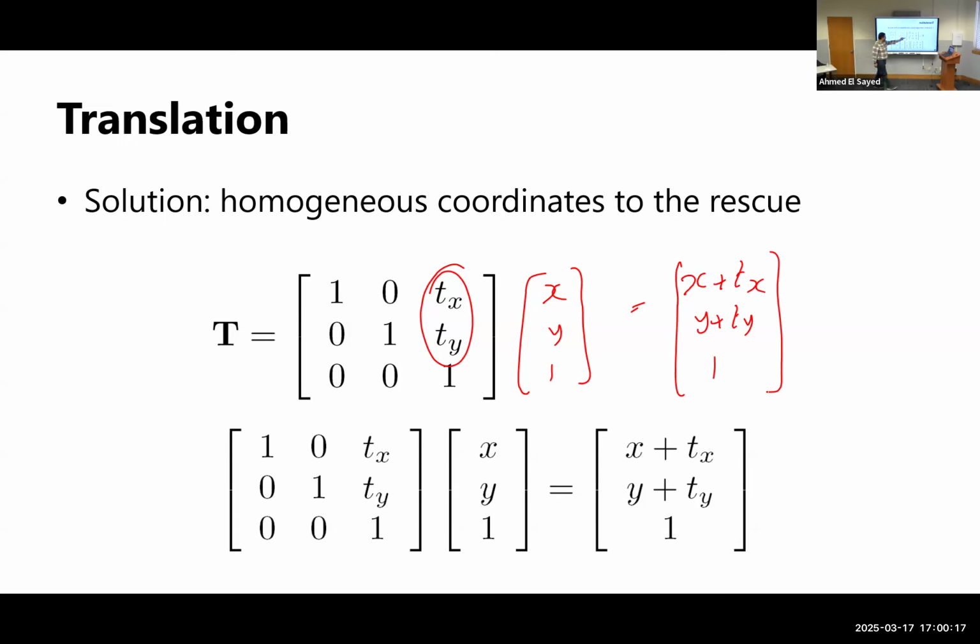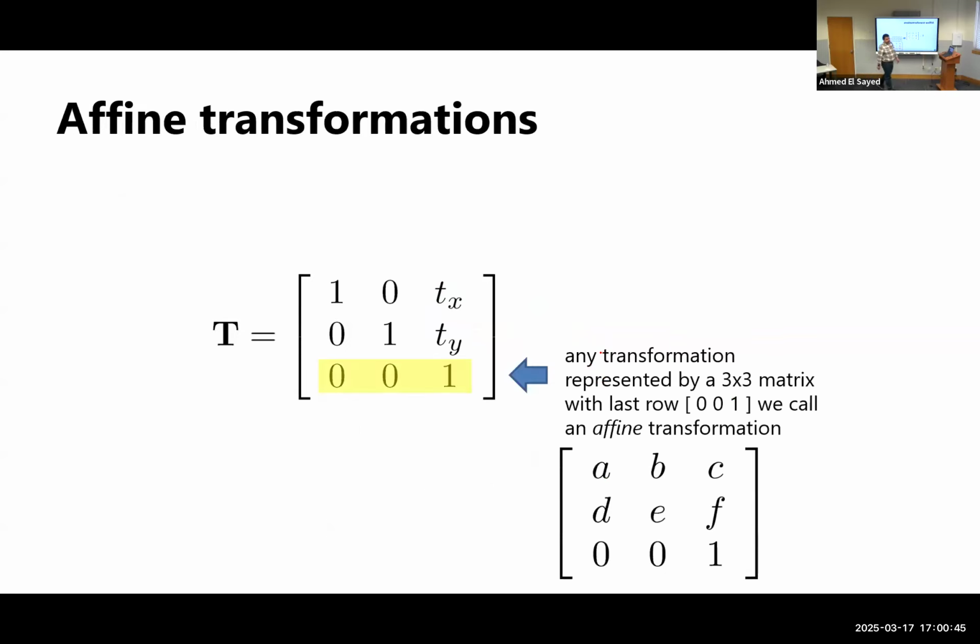Now, this multiplication will result in a translation, and this matrix will be a linear matrix. But it's not 100% linear, because now I'm adding one extra row that I didn't want. That's why we change the name of this technique, and we call it affine transformation.